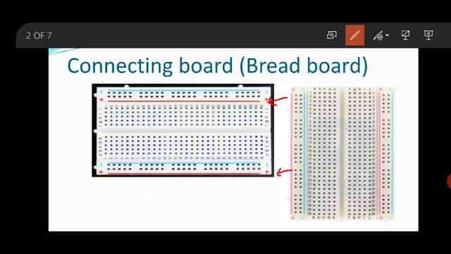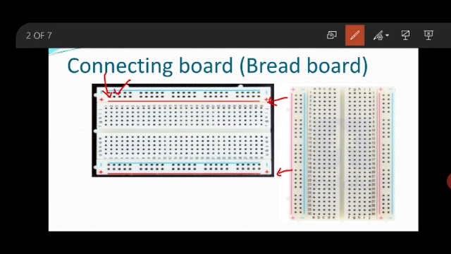When we are making a connection for any circuit, you consider that the full line, whatever is marked with a line, is a continuous line. There is connectivity for each dotted hole in which you are inserting an electronic component. For example, if I insert a point here, the same connection is available at the second point of the hole.